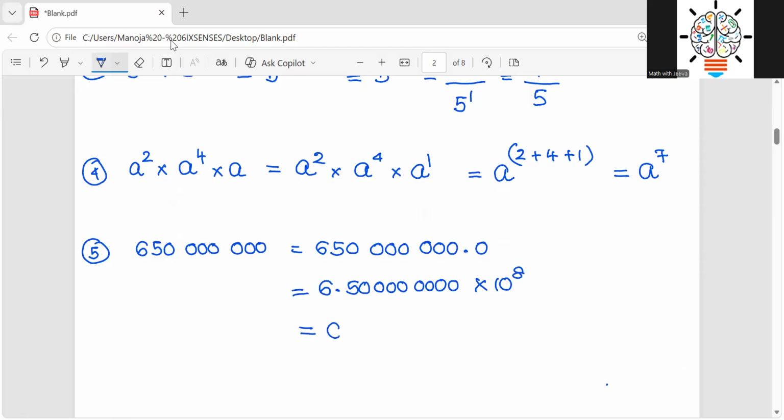No point of writing zeros this much. 6.5 times 10 to the power of 8.